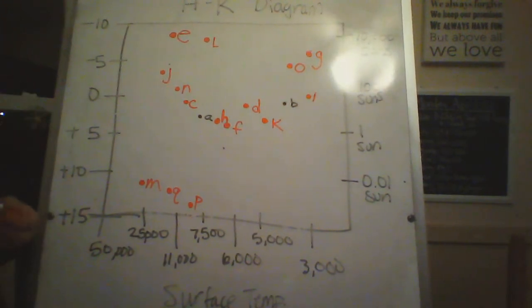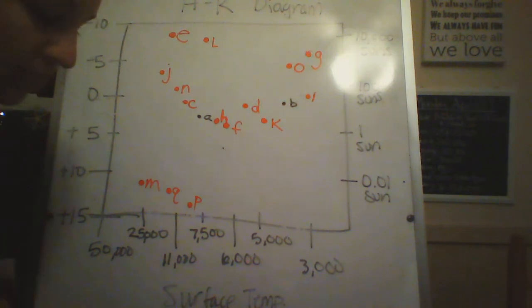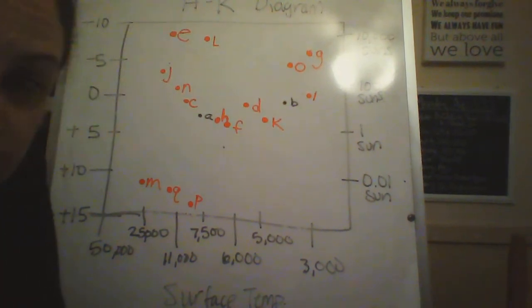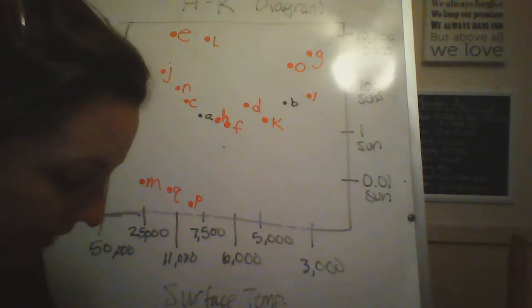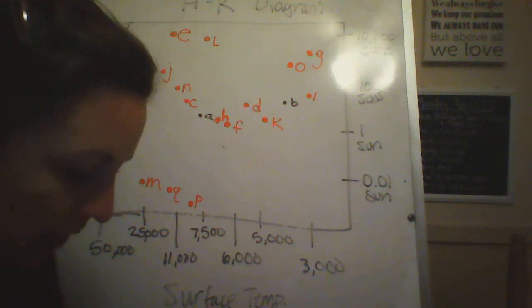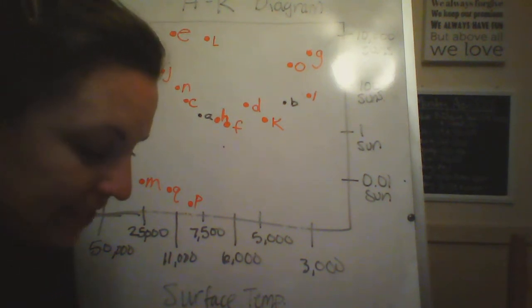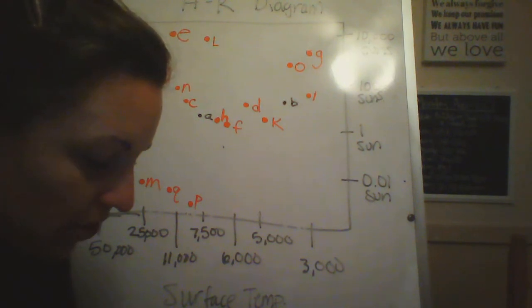All right, so we have all of our stars on our graph. If we look at the directions on top of the page with the graph, on page 12.3b, it says, after plotting each star, identify the 4 populations of stars on the HR diagram by drawing a circle around each population.